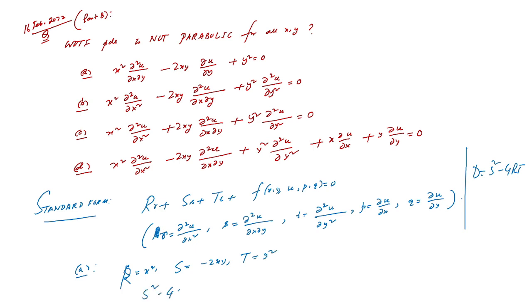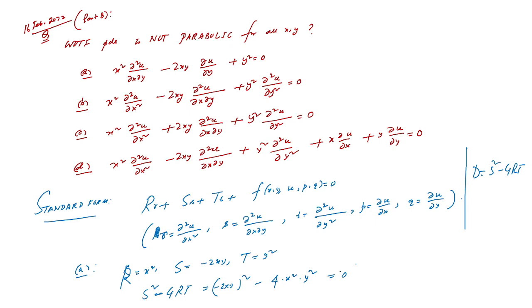So what will be s square minus 4rt? That will be minus 2xy whole square minus 4 times R, which is x square, times T, which is y square. So that means it will be 0.